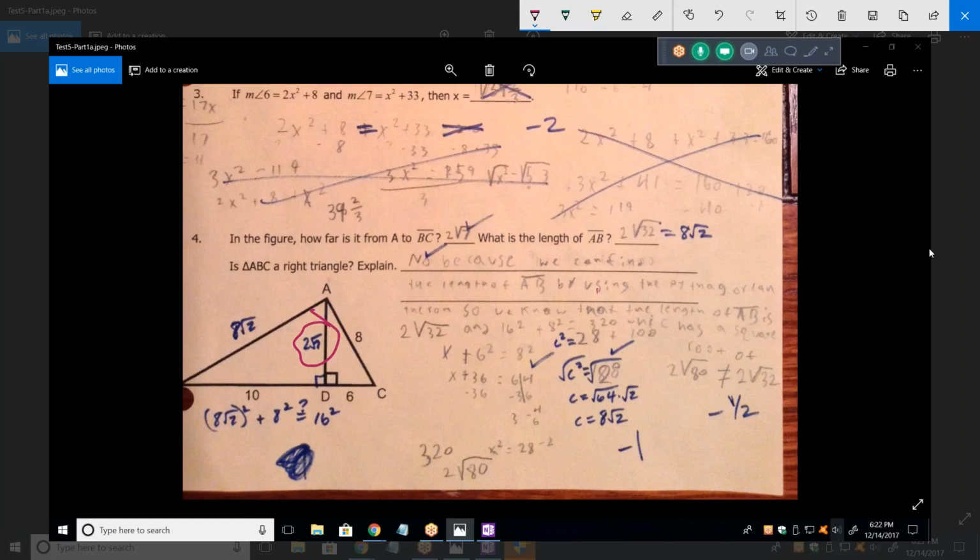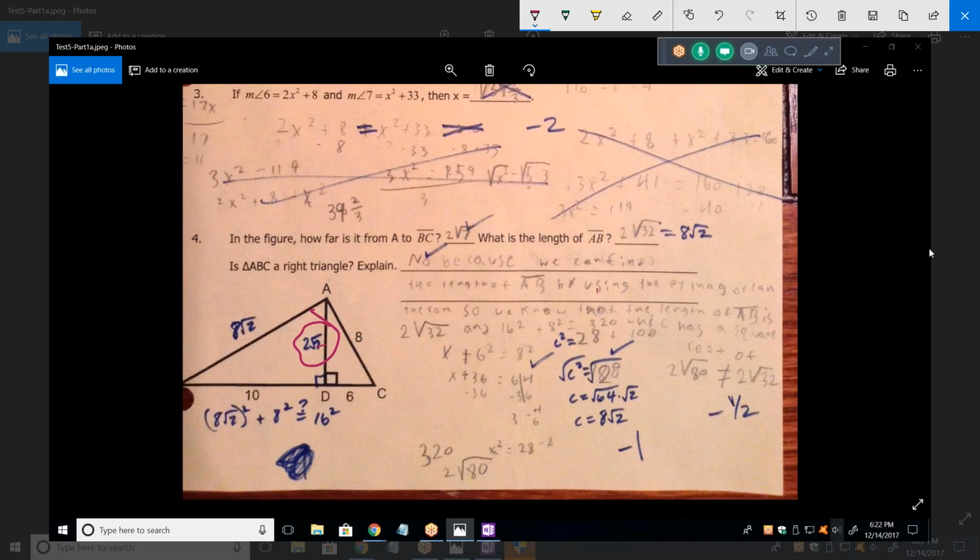I must be missing something here. How far is it from A to BC? What does this say here? 2.5? No. It says 2. Oh, 2 root, what? 2 root 2. 2 root 7.